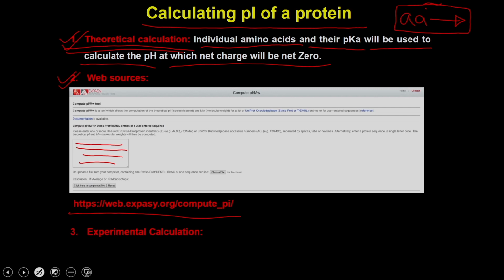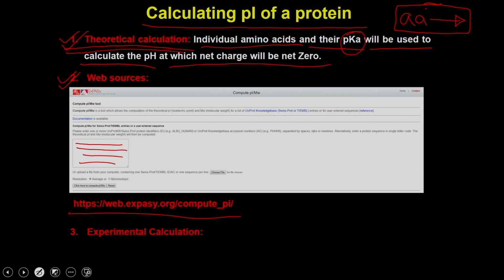It is not going to do anything else except take all the amino acids, take all their pK values, and give you the average pH at which the protein is going to have the net 0 charge.